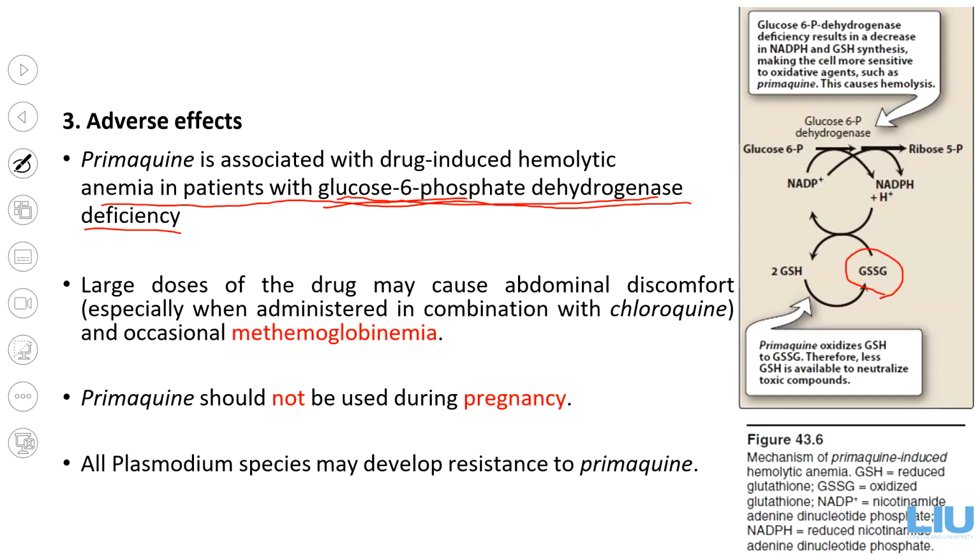Why? Because if we look at this mechanism, the enzyme is responsible for converting the glucose 6-phosphate into something with the help of NADPH, and this NADPH is necessary to help the conversion of the oxidized glutathione molecules into the active glutathione. And so by not having this enzyme, it's going to interrupt the formation of glutathione.